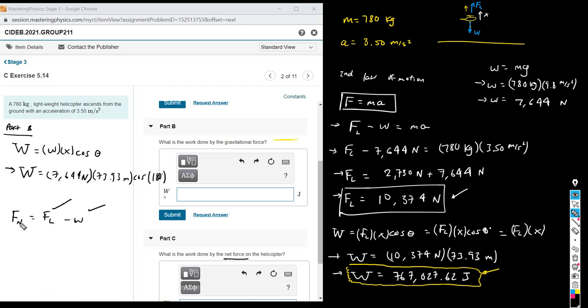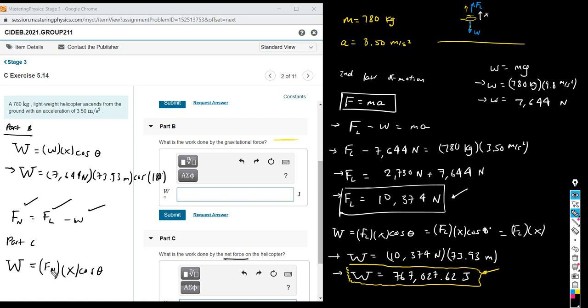So now you can calculate the net force. You see? So this thing is already understood. And if you want to calculate the work done by the net force, then all you need to do is part C, the work done by the net force is going to be equal to the net force, which is already obtained, times the displacement, times the cosine of the angle between the net force and the displacement.